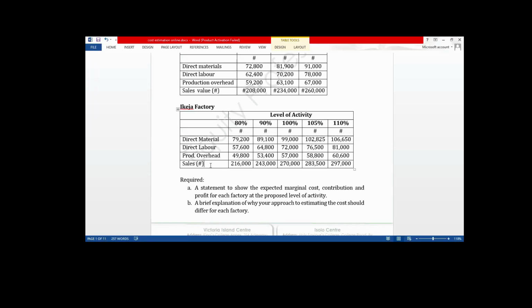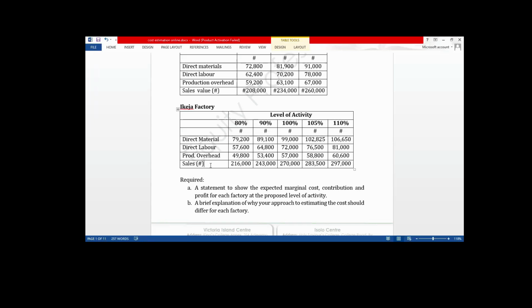At Ikeja factory, the company is also operating at 90% level of activity. At this level, at Ikeja, the company produces 8,100 units of a different product. Now, due to heavy demand, the company is planning to increase its production level at Ikeja factory to 115%.